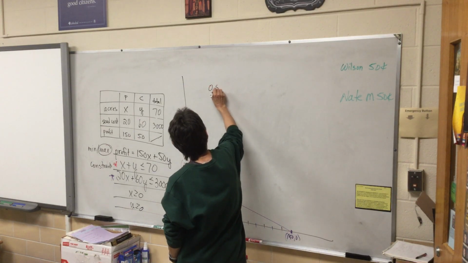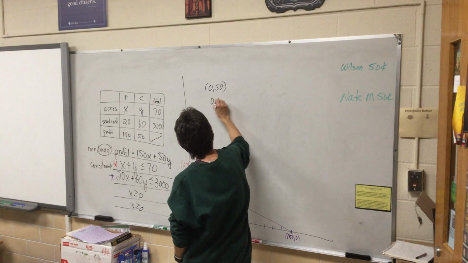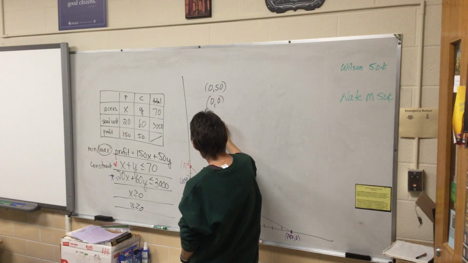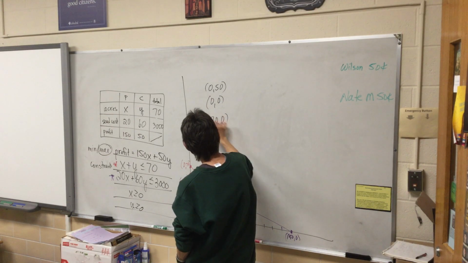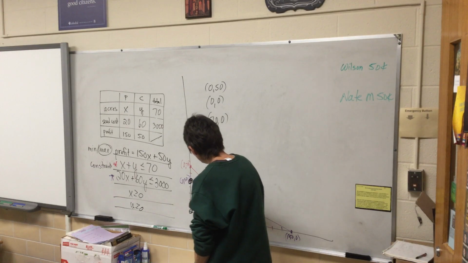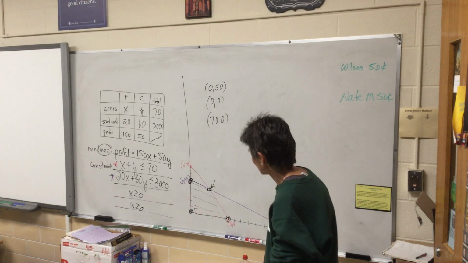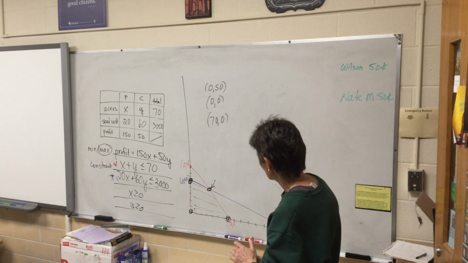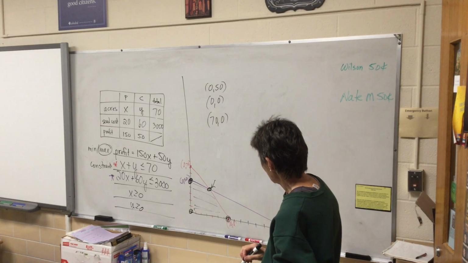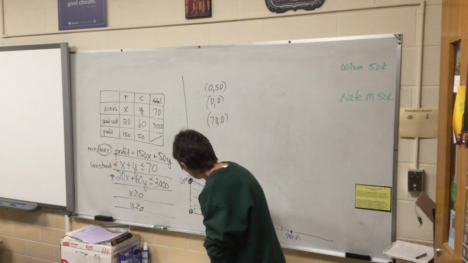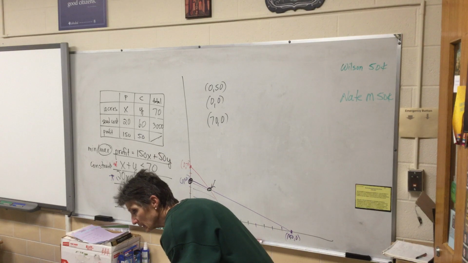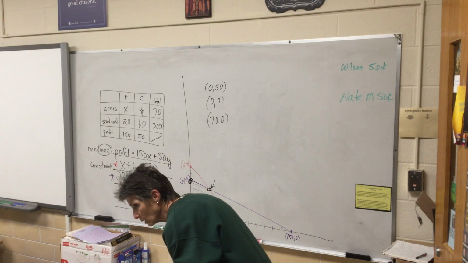So we've got (0, 50) as an option, (0, 0) as an option, (70, 0) as an option, and then this guy as an option. Who remembers how to find that point? Please do not rely solely on your graph.